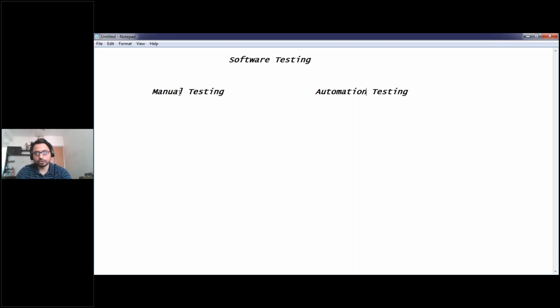Okay, so software testing is of two types: manual testing and automation testing. In manual testing, most of the testing happens here. You can say 99% of testing happens through manual testing, but around 60 or 70% of testing will be possible by automation testing.